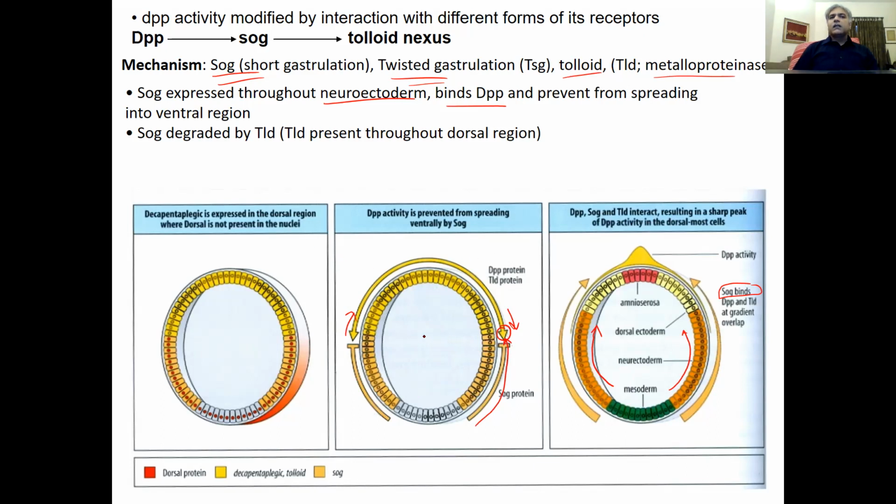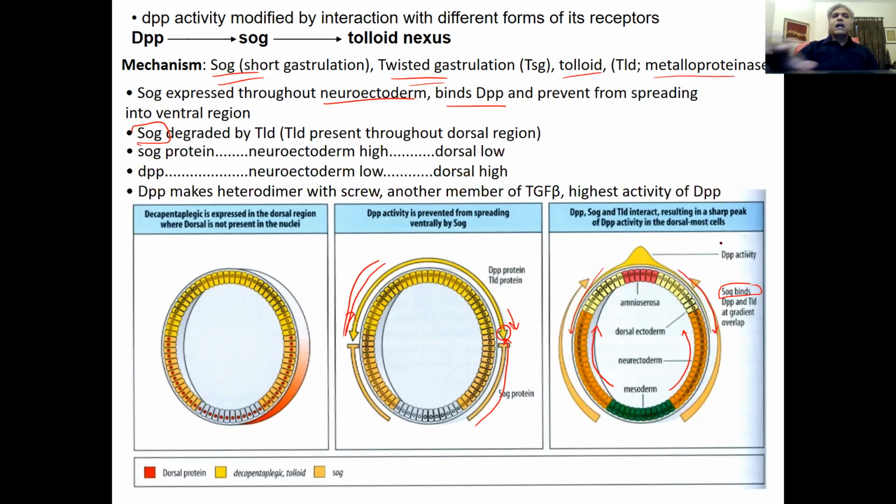However, tolloid is a protein which is uniformly expressed in the dorsal ectoderm and in the dorsal region. Tolloid degrades short gastrulation, SOG, in all this region, and helps DPP spread or stay in the dorsal ectoderm. As I told you, this is a summary.